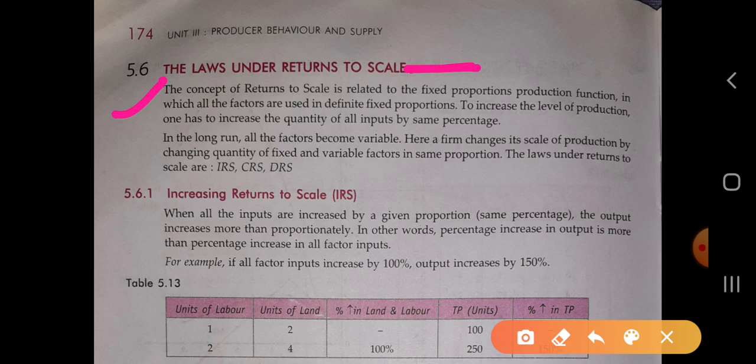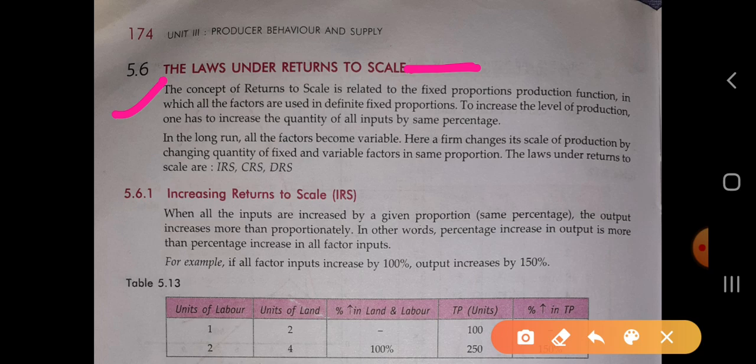Okay, if the producer wants to increase the level of production, he has to also increase the level of input, but the increase of input should be in the same percentage, because all the factors, whatever they are, land, machinery, raw materials, labor, all increase in the same percentage.